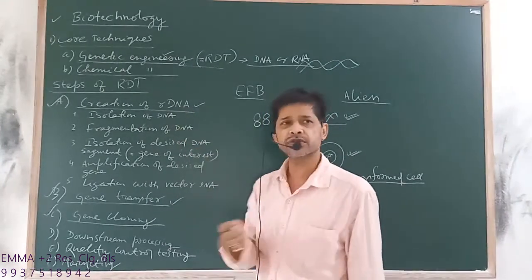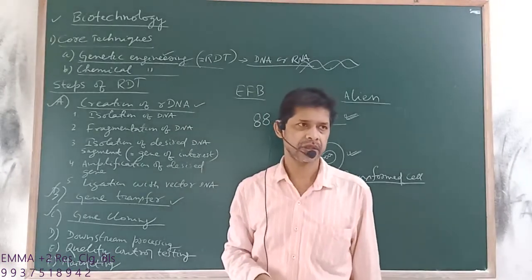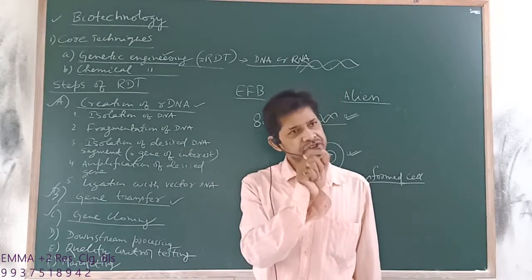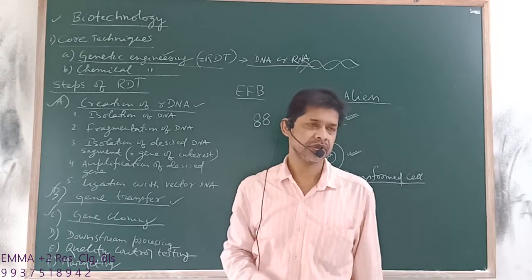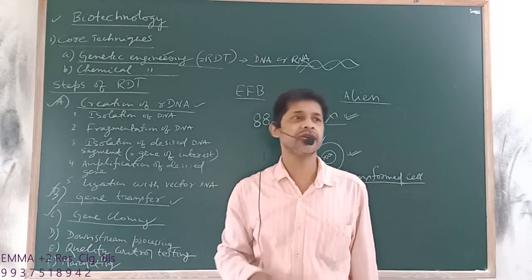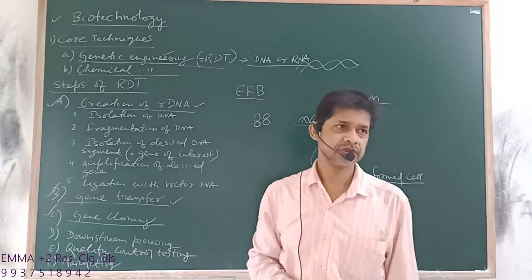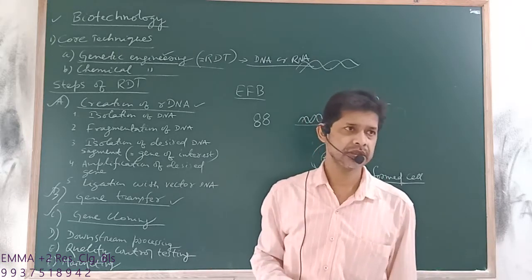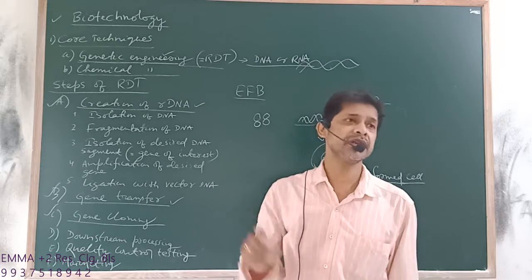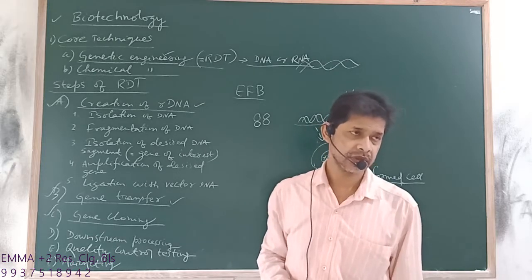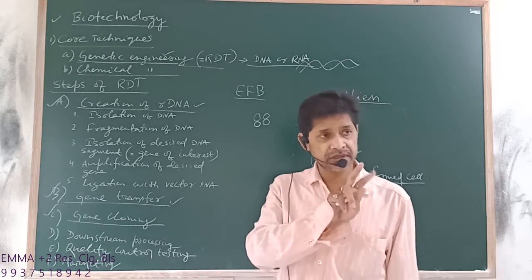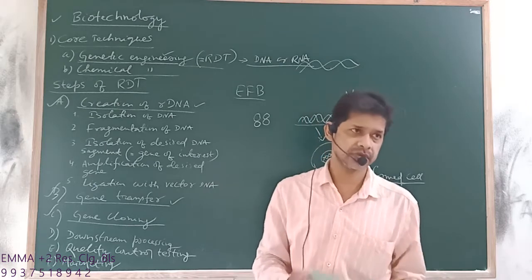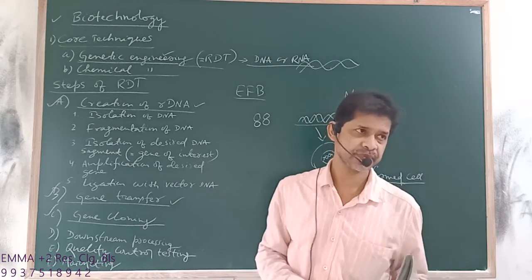Recombinant DNA includes two things. One is our gene of interest plus another is vector DNA. So when two different sources of DNA are united, then it is a recombinant DNA. Both gene and DNA have undergone recombination, reunion.